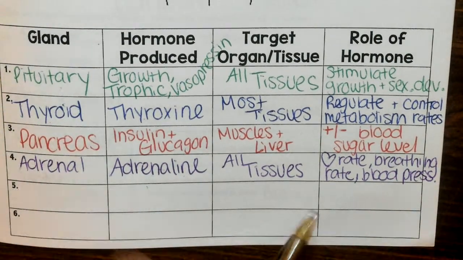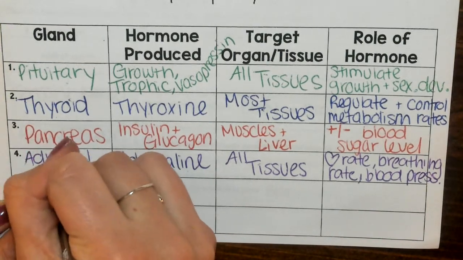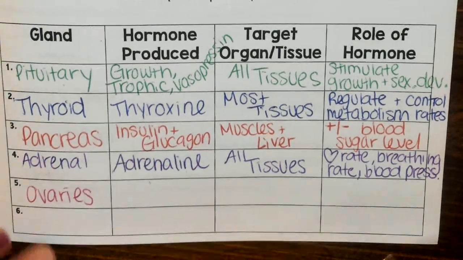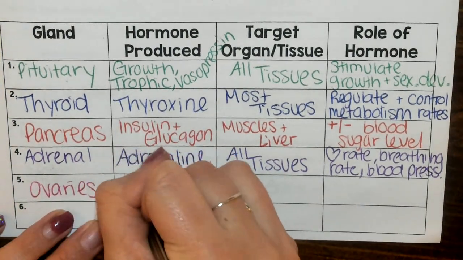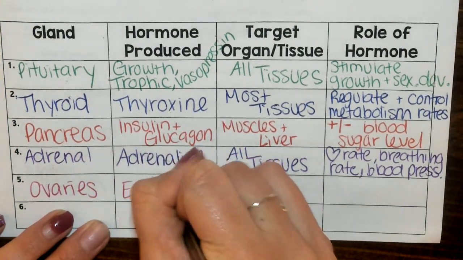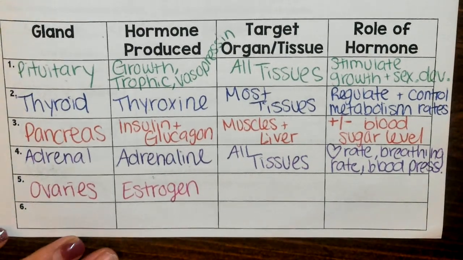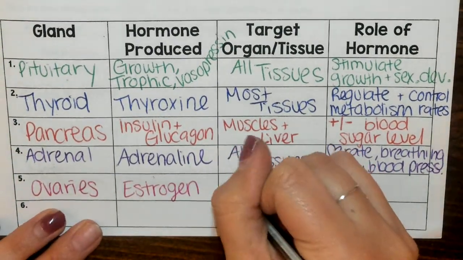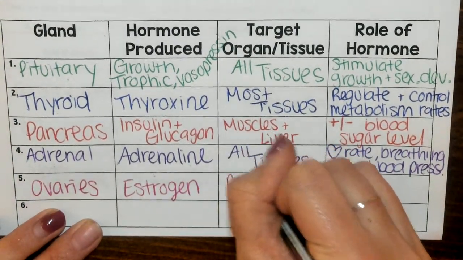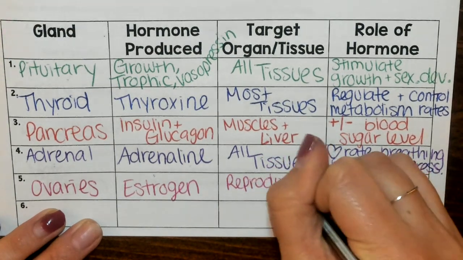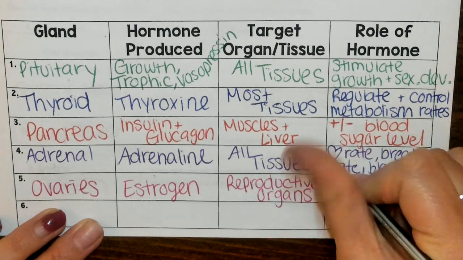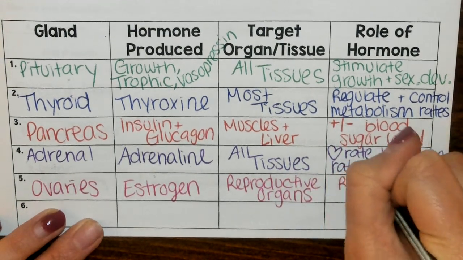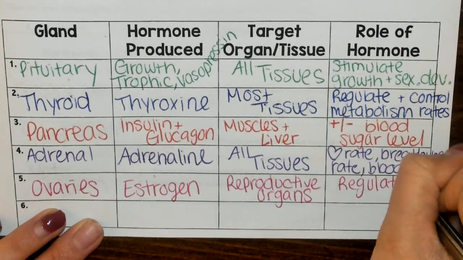Next, we are going to talk about the ovaries, and ovaries are only found in females. The ovaries produce a hormone called estrogen. This is targeted to the reproductive organs of females, and the purpose of it is to regulate female functions.